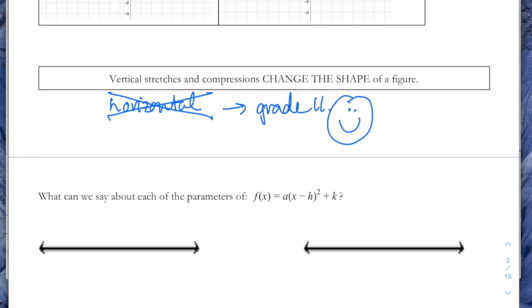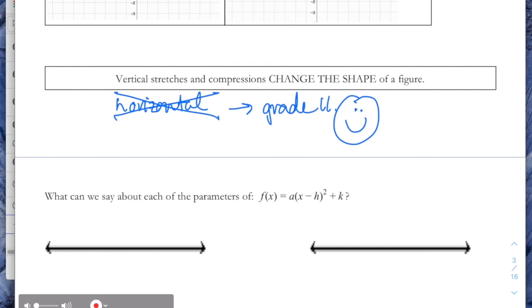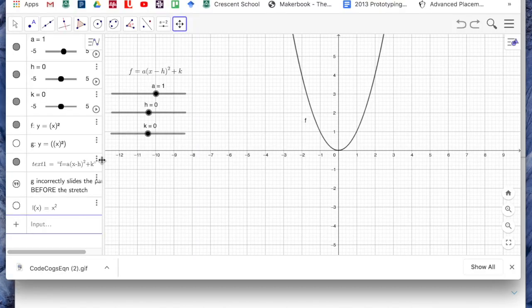Yay. And I want to put it all together and talk about the parameters a, h, and k of our parent function. In order to do that, I first want to go back to GeoGebra and show you how our parabola changes as a function of a, h, and k.